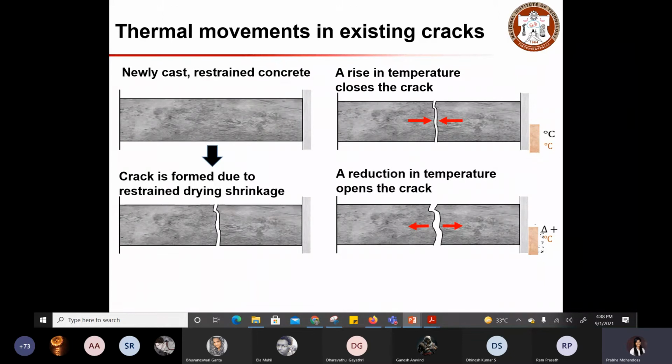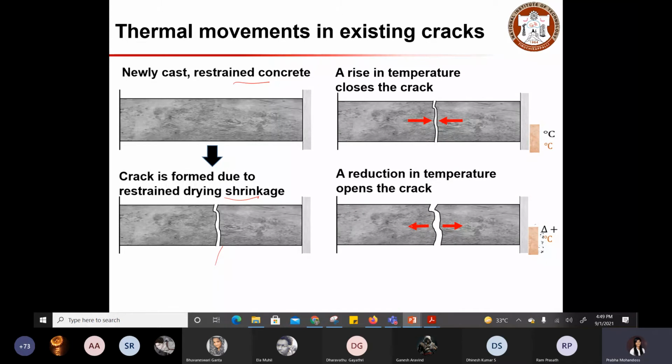When you have restrained concrete, like this newly cast restrained concrete, when the temperature increases, that basically helps to close the crack. And when the crack is formed due to restrained drying shrinkage, when the temperature is reducing, that helps to open up the cracks further.